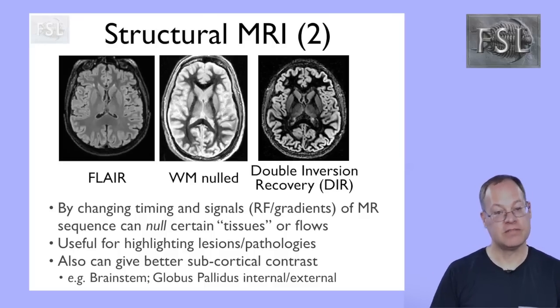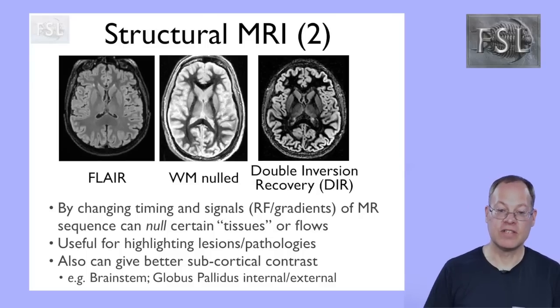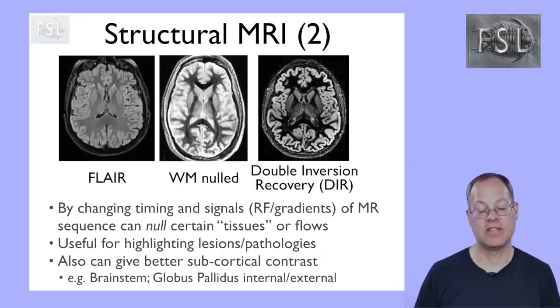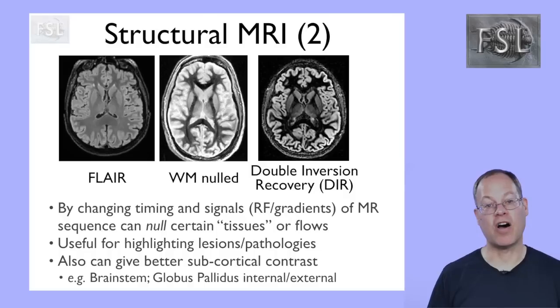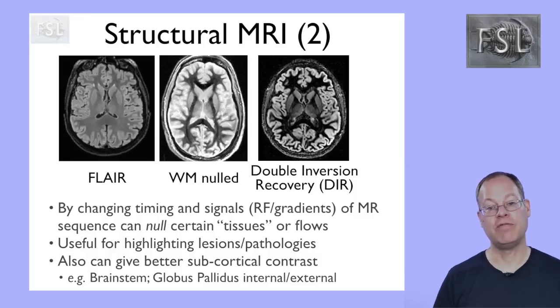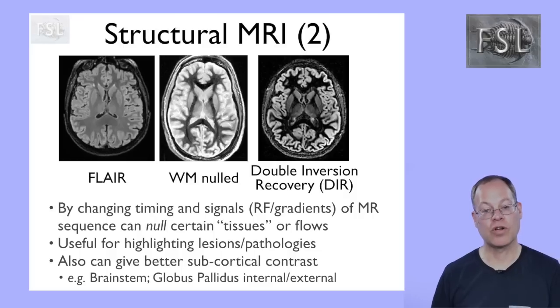In the white matter null, the key is in the name: it nulls the white matter, it gets rid of the signal from that. In the double inversion recovery, it gets rid of both white matter and CSF signal. And these can be really helpful for highlighting different pathologies which exist, or for looking at very fine detailed anatomical structures. These sequences are quite common if you are doing anatomical work or if you are working with certain types of pathologies.